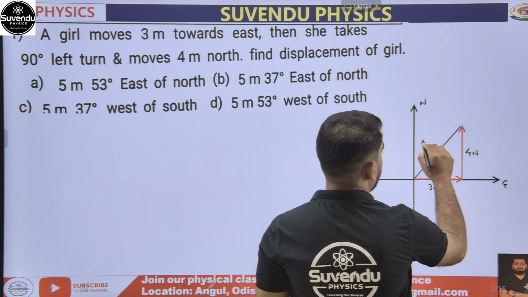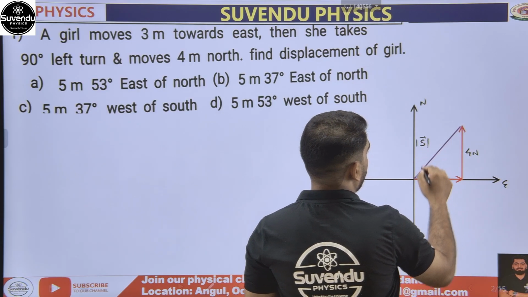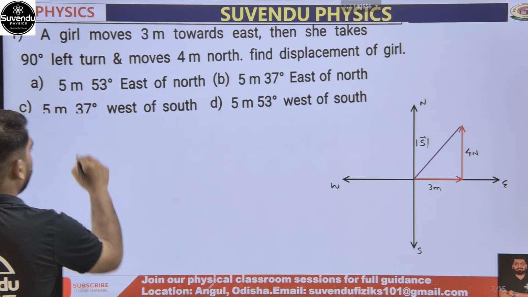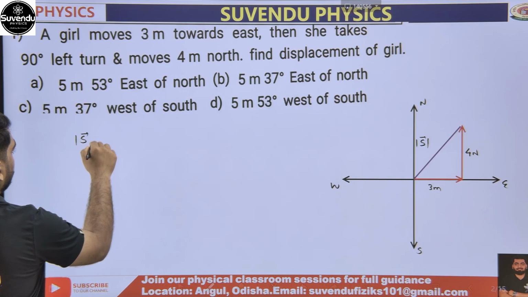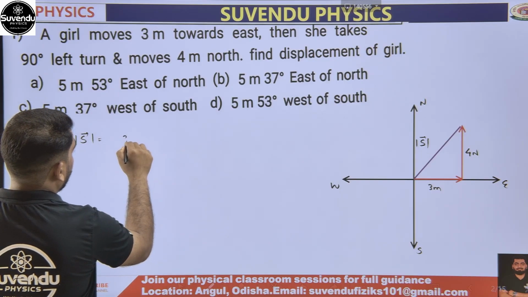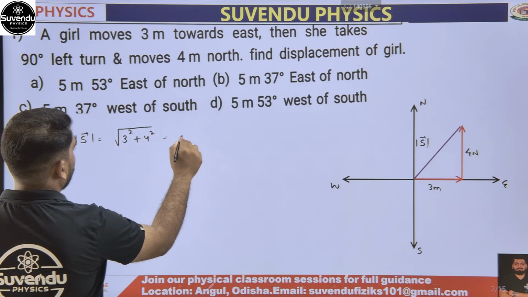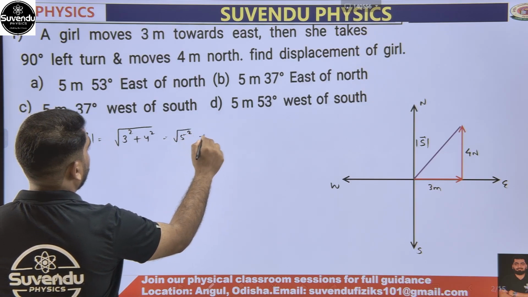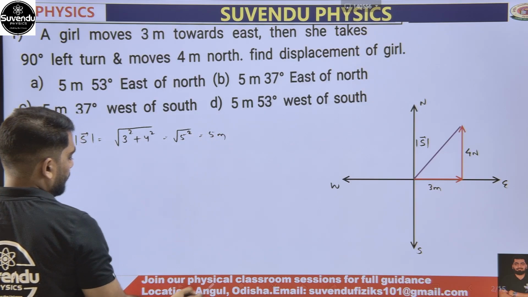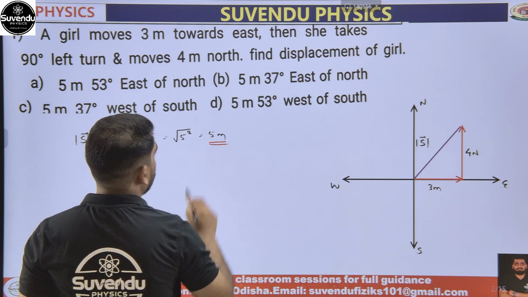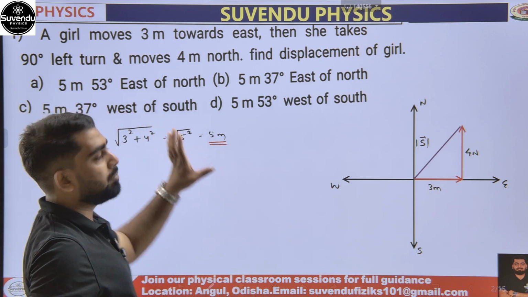What is the magnitude of displacement S vector? A right angle triangle is visible. So the magnitude of displacement, S vector mod, is equal to root over 3 square plus 4 square, that is root over 25, that is 5 meter. I think there is no doubt. So this is our magnitude of displacement, and in each and every option 5 meter is written.